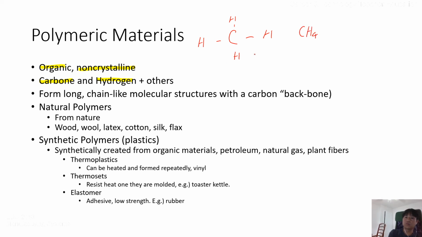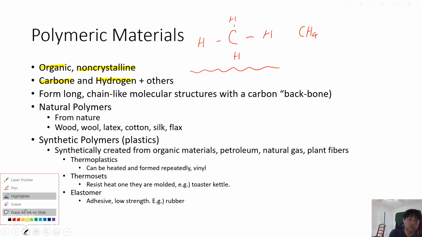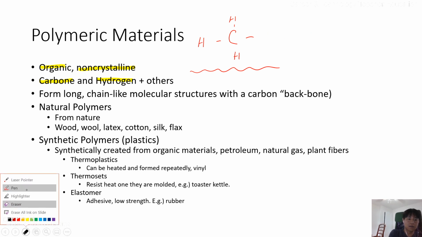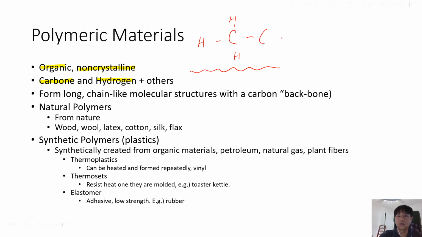Carbon likes hydrogen. I will explain why carbon likes hydrogen, but this is a polymeric material. Carbon and hydrogen tend to connect with other molecules, and then they can form a chain-like structure, adding hydrogen because carbon likes hydrogen.